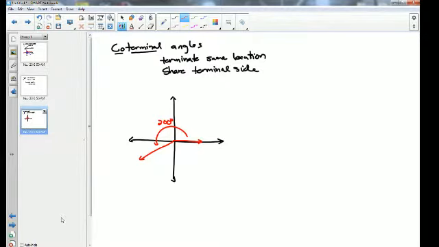Can you name a coterminal angle to 200 degrees? No, 0 is here. We need another angle that ends in this spot. Negative what?